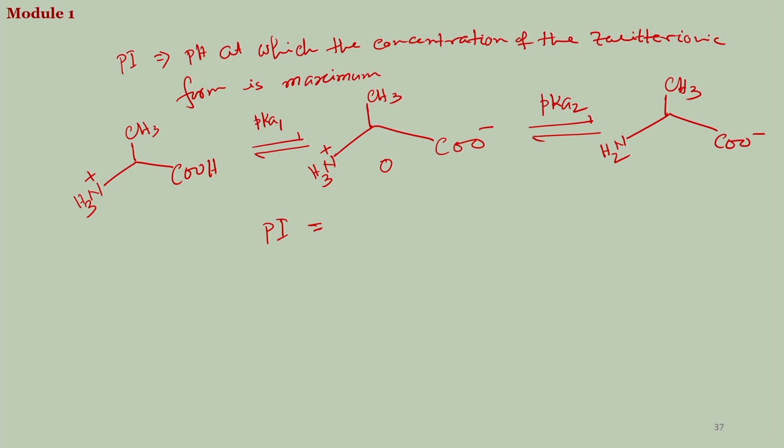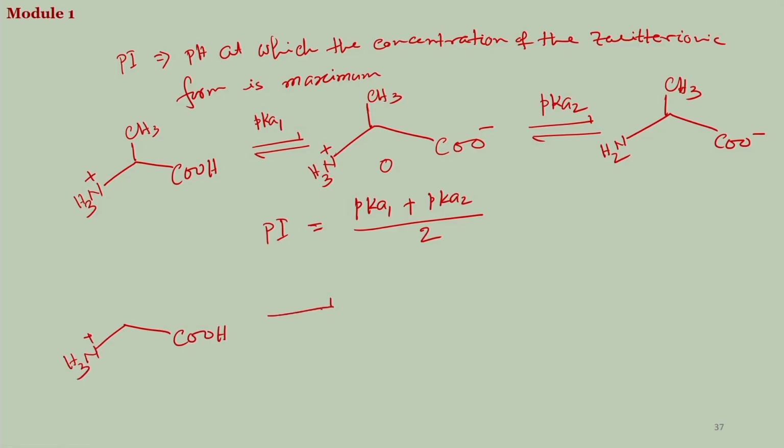So, if you want to calculate the concentration of the zwitterion, you have to take the average of both the equilibria. So, ideally pI is calculated as pKa1 plus pKa2 divided by 2. So, if I take the example of glycine, I have the data for glycine actually here.